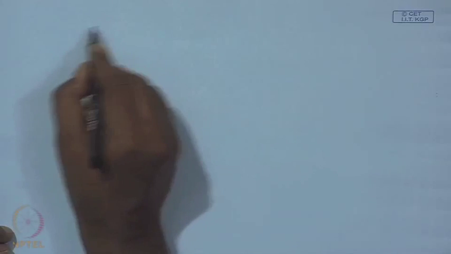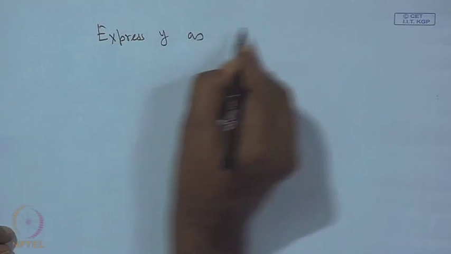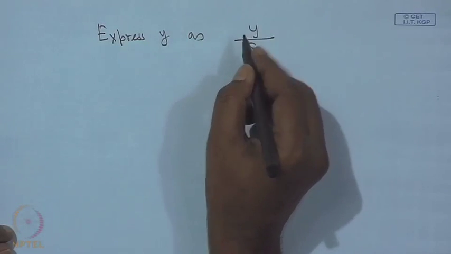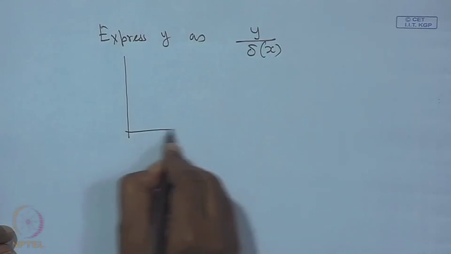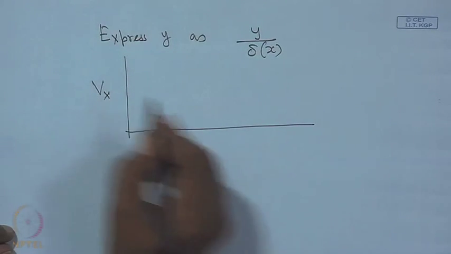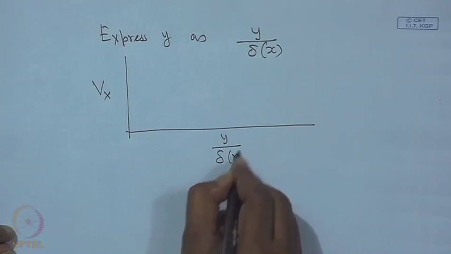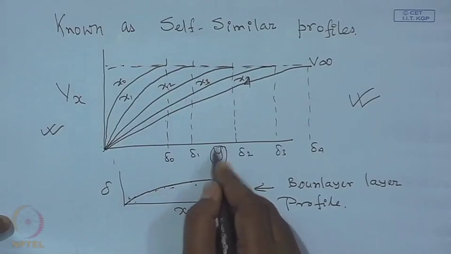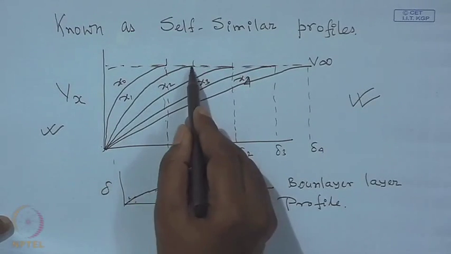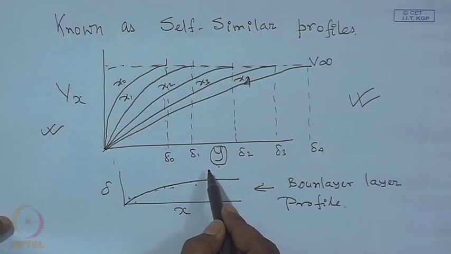We are normalizing this axis by the corresponding deltas, so this is delta, delta, delta, delta, where each delta is a function of x.